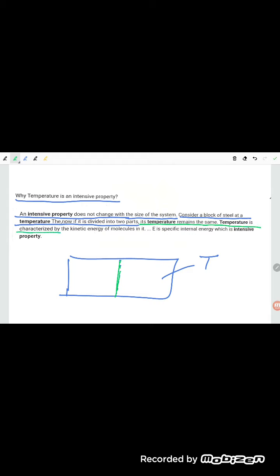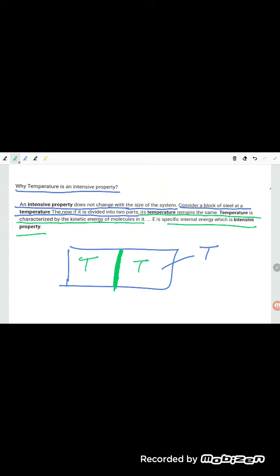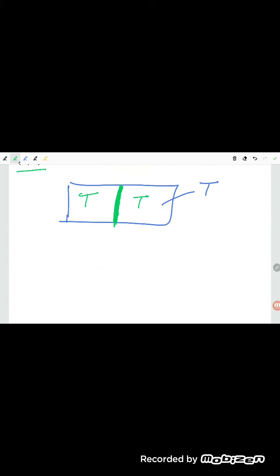Temperature is characterized by the kinetic energy of the molecules in it. So specific internal energy is an intensive property. The temperature will also be T in each part. It does not depend on the amount or the size, because you are decreasing the size but the temperature remains the same. That is why temperature is an intensive property.